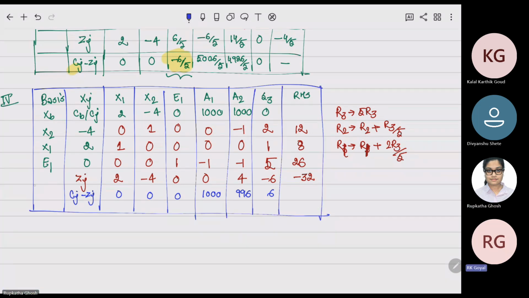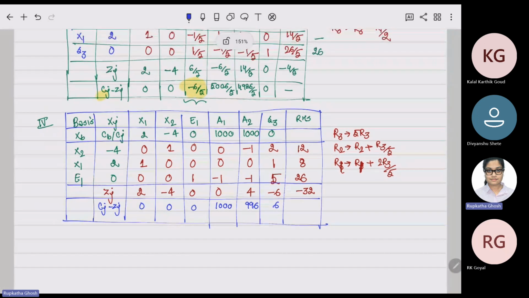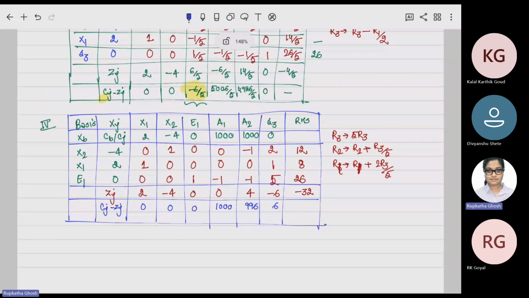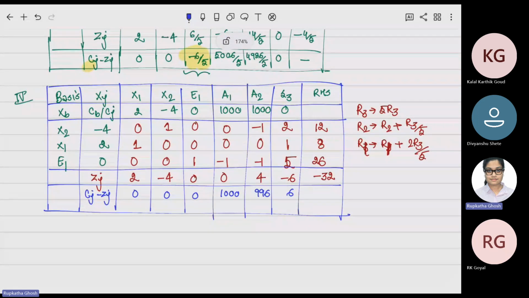So what does it mean that the values are positive, that the reduced cost is positive? The reduced cost values of all the non-basic variables now are positive for a minimization problem. If they are positive, what is reduced cost? Reduced cost is the rate of change in objective function for every unit increase in a non-basic variable.